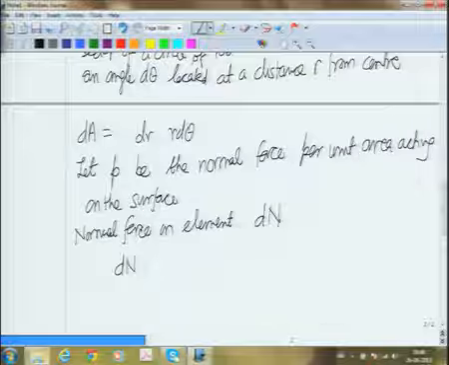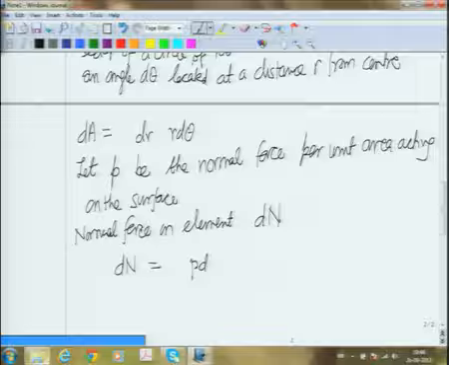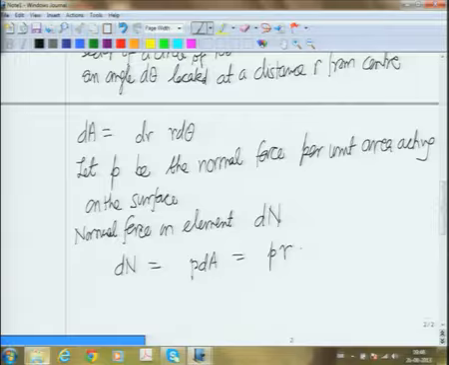So dn is equal to p multiplied by dA. So this will be p times r dr d theta. Okay, is that clear?